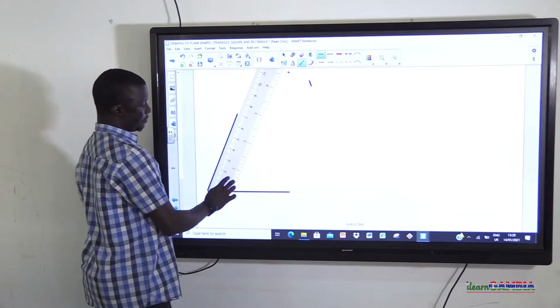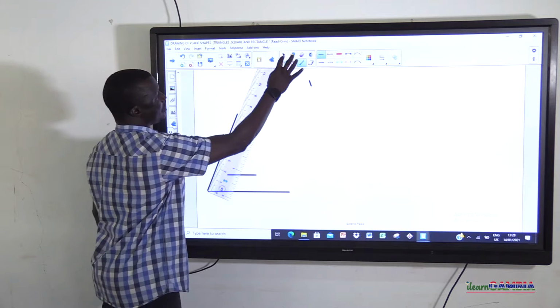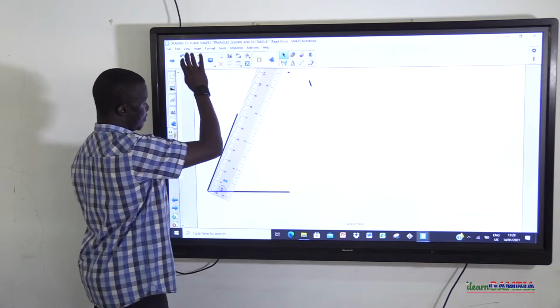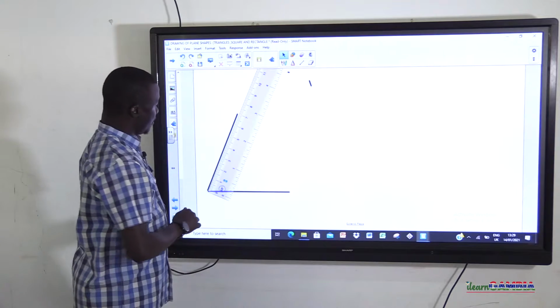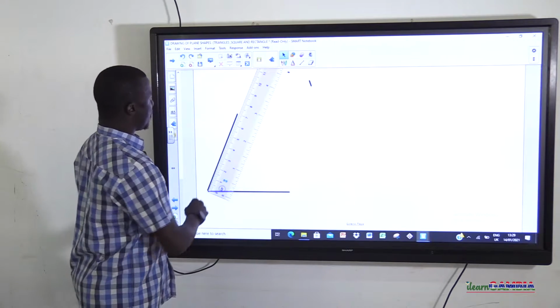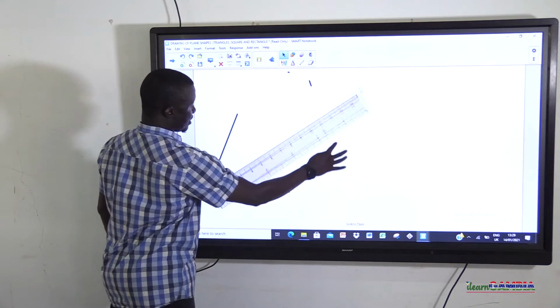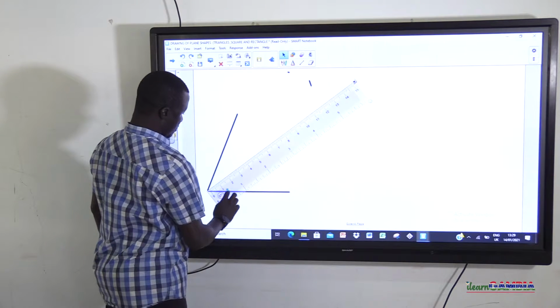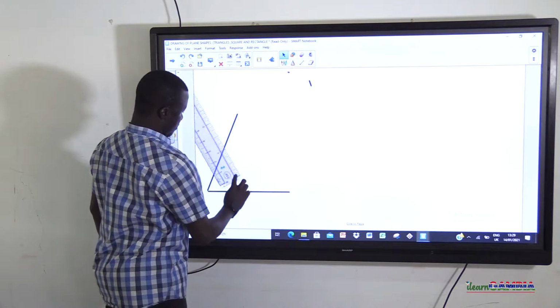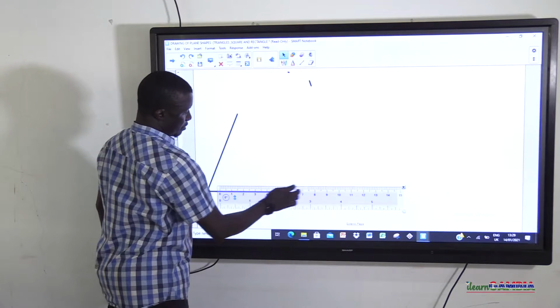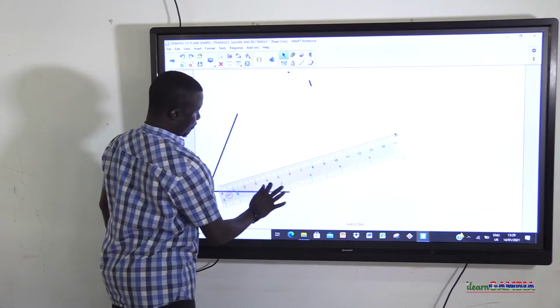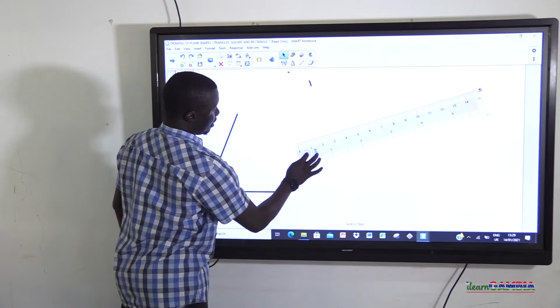As we can see, that's one side of the triangle again. So we did both sides of the triangle. Now we are left with another side of the triangle, so we can move our ruler.